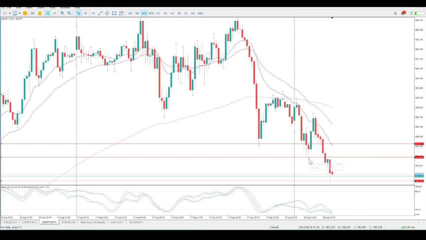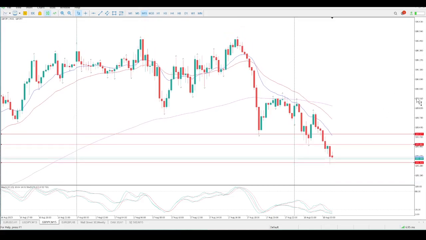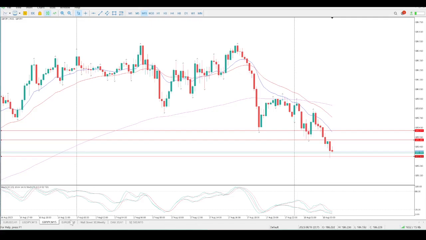That's the view that we've got at the moment. You can see there's a fractal there and there's a fractal there. That is what we are looking for. A little bit skeptical about going long just at the moment, based on what we're seeing on the hour.